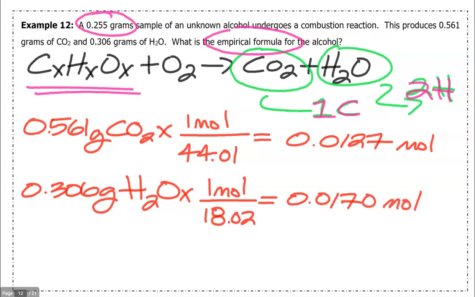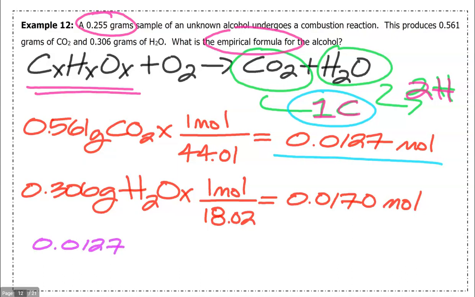Now, the top one's fine, so this one is good to go, because that's going to end up being moles of carbon, since right here we said each CO2 has 1 mole of carbon. So we can write down that we have 0.0127 moles of carbon.